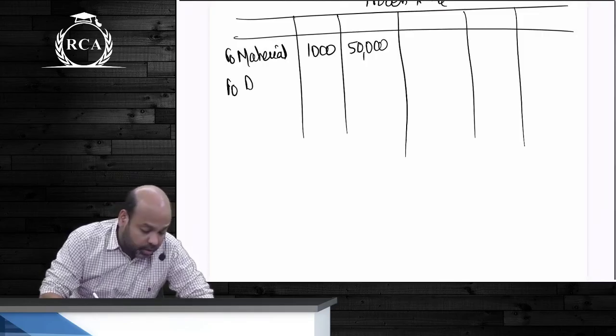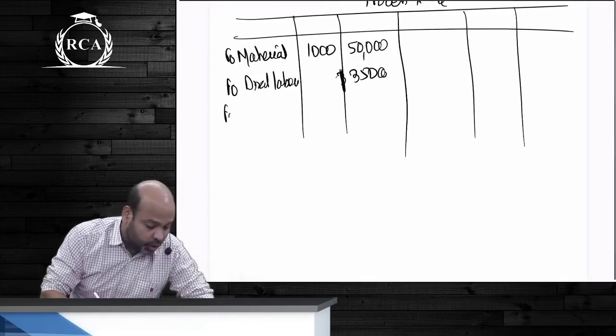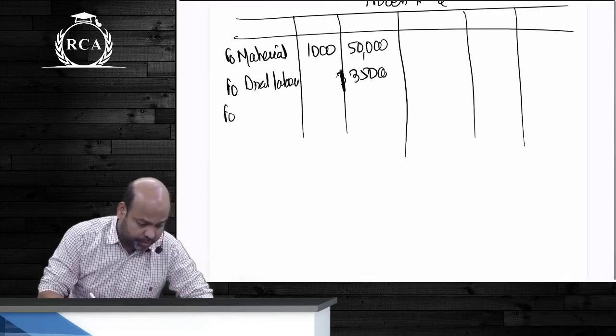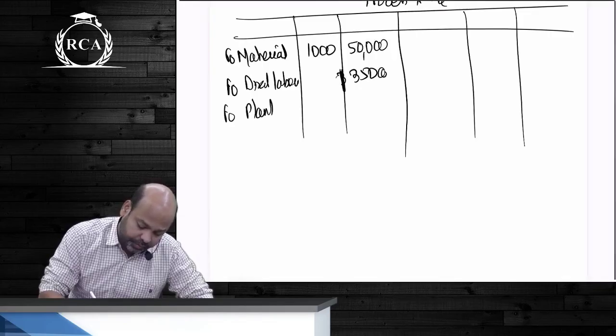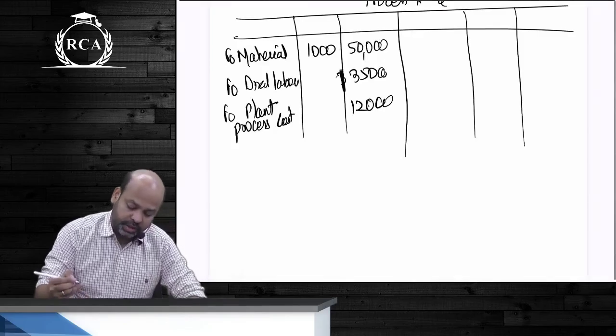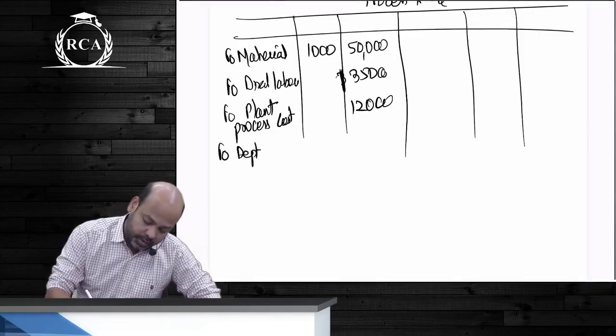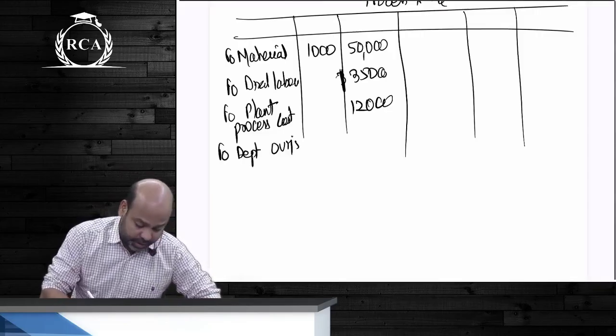To direct labor, it is 35,000, guys. And then to plant process cost. How much is the plant process cost? 200 hours, guys, at the rate of 60 rupees per hour. And then to departmental overheads, guys, at 30,000.